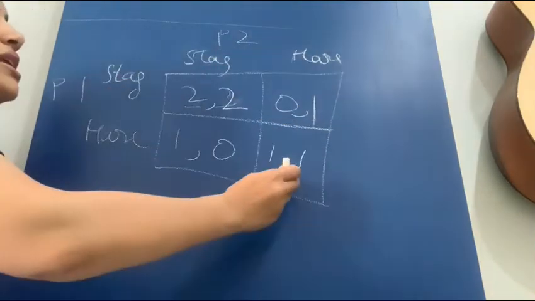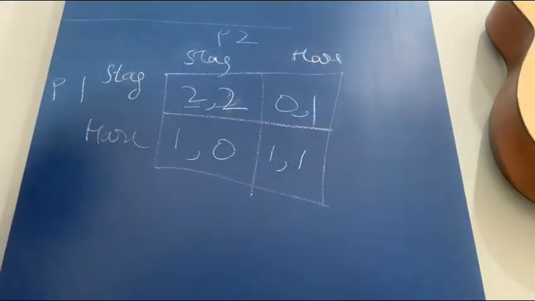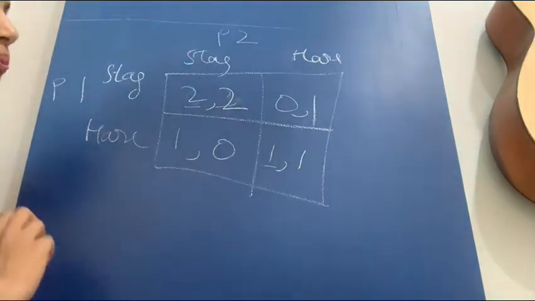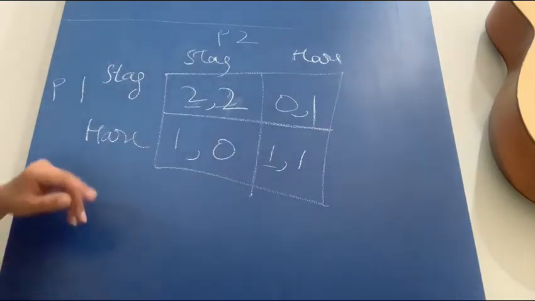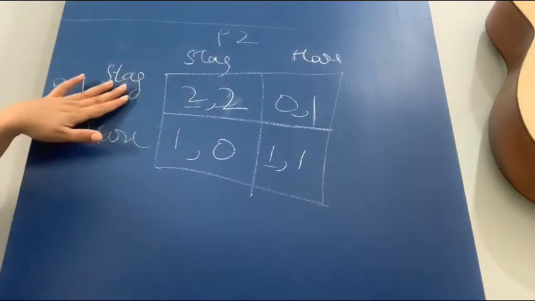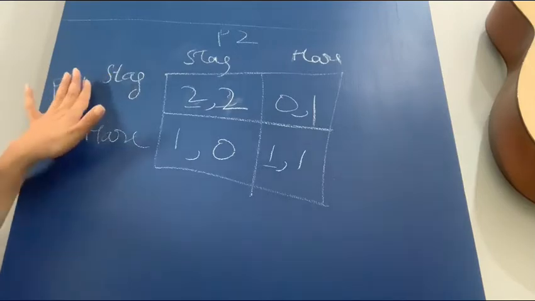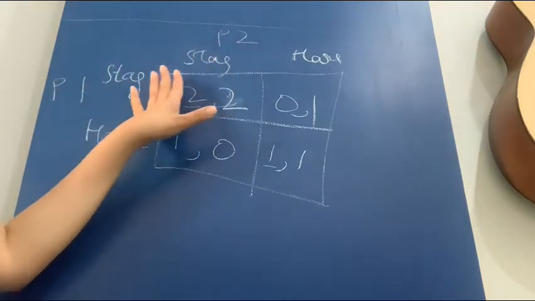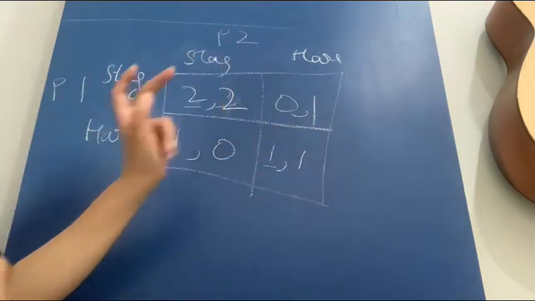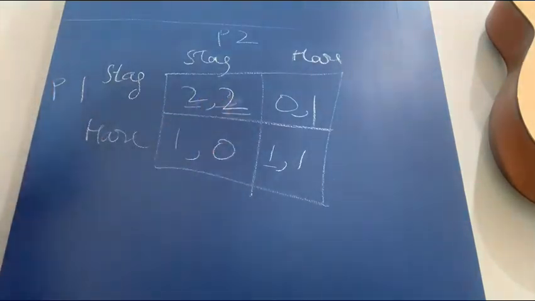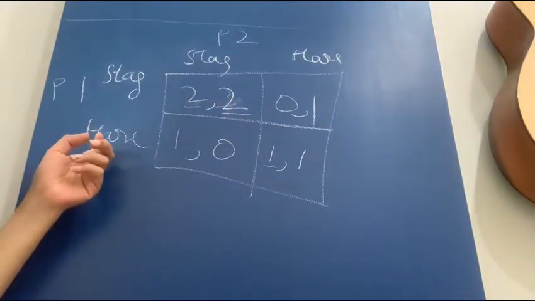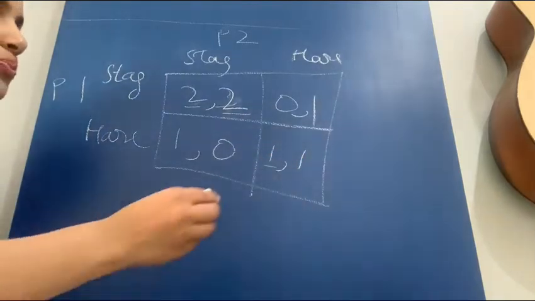If player 2 is playing hare, the best thing for player 1 to do is to play hare. If player 1 is choosing stag, then the best thing for player 2 to do is to play stag. If player 1 is choosing hare, the best thing for player 2 is hare.